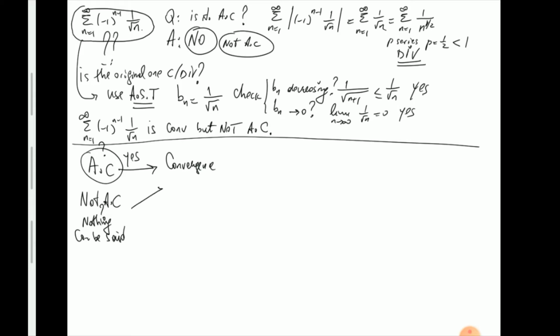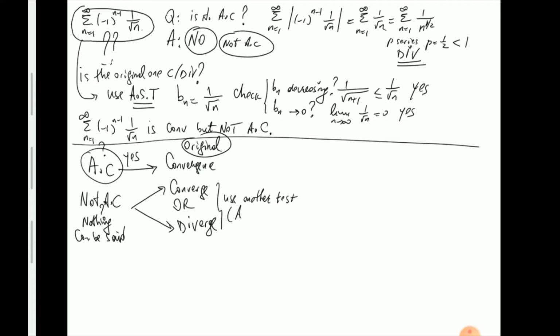The original one, right? So let's say this is the original one. To make this schematic here, the original one can converge or diverge. Both possibilities can happen. You just have to use another test. In particular, we're going to use the alternating series test.